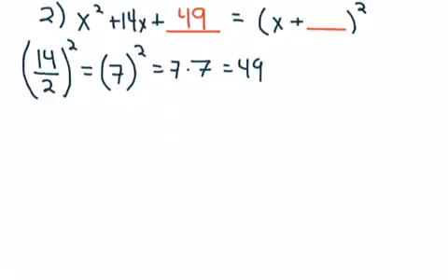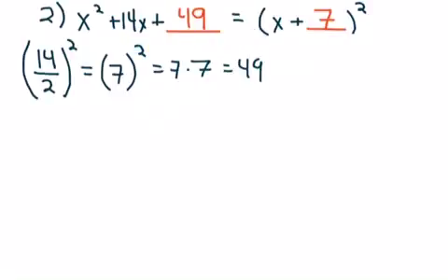So what do you think? What do we need to put in this blank to factor this expression? So hopefully you were able to say that we need to add a 7 here in order to factor that expression. Now, how did I get that? You see, this number came from halving the coefficient of x and then squaring it, whereas this came from just halving that coefficient.